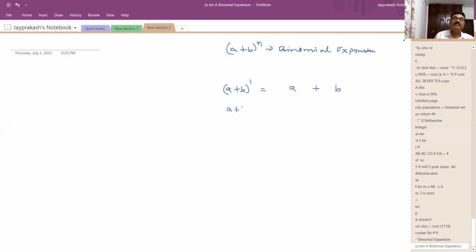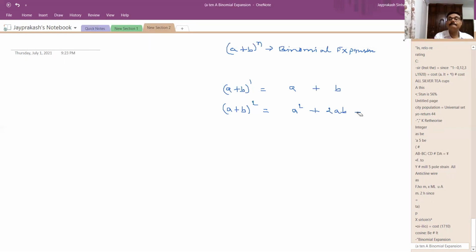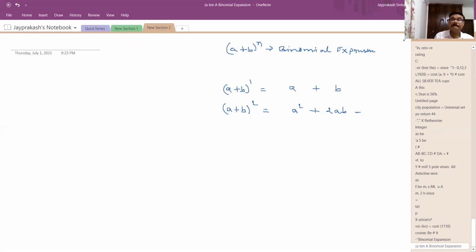We already know the binomial expansion of (a + b) to the power 2, that is equal to a² + 2ab + b².